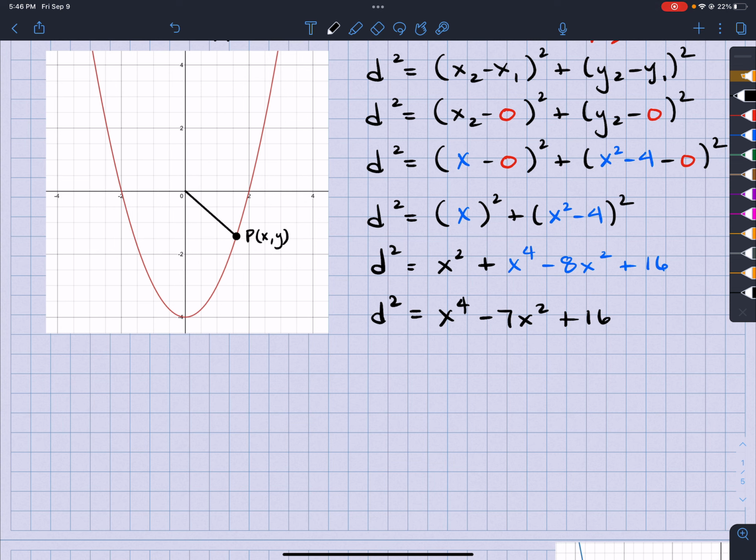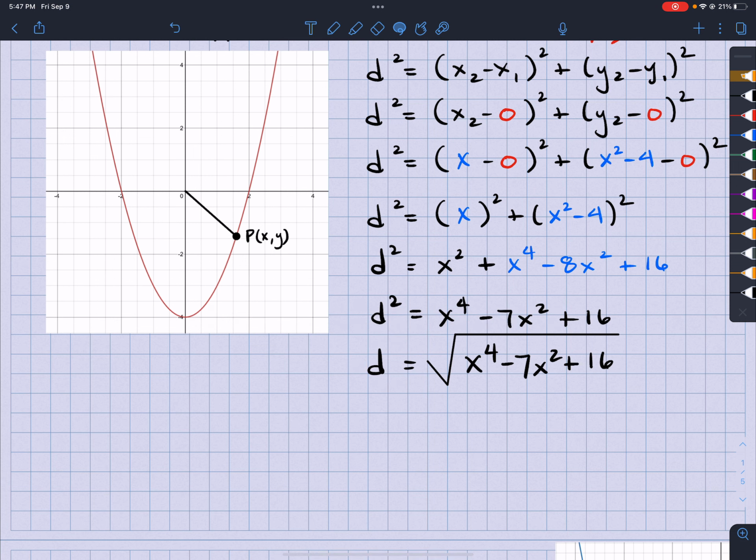Which means that d is going to equal the square root of x to the 4th minus 7x squared plus 16.